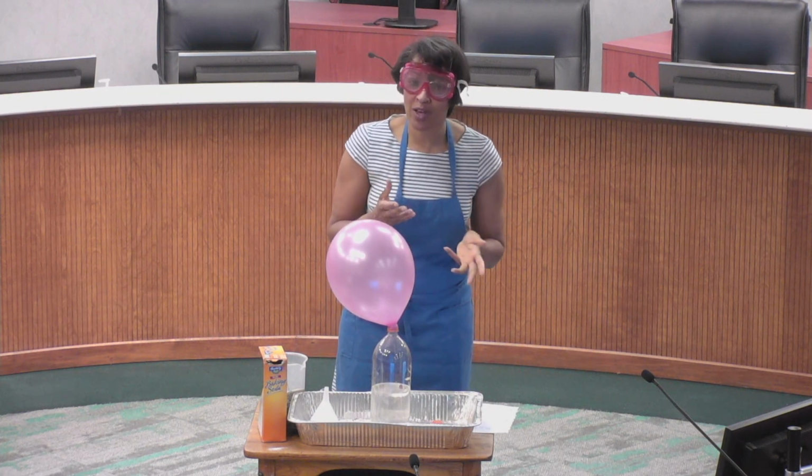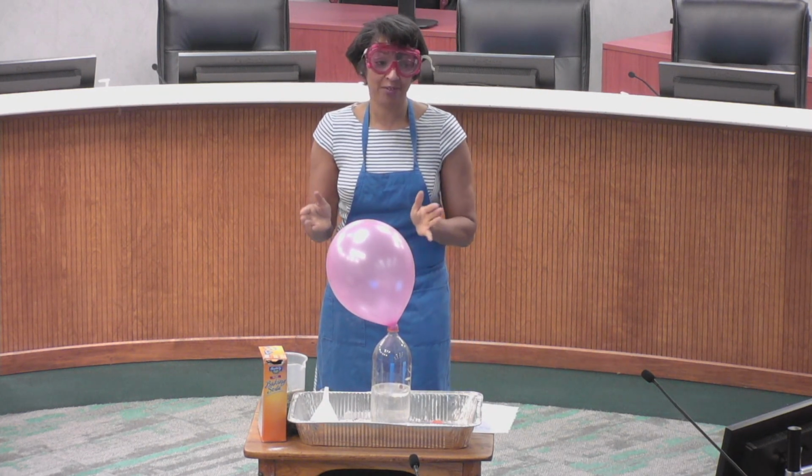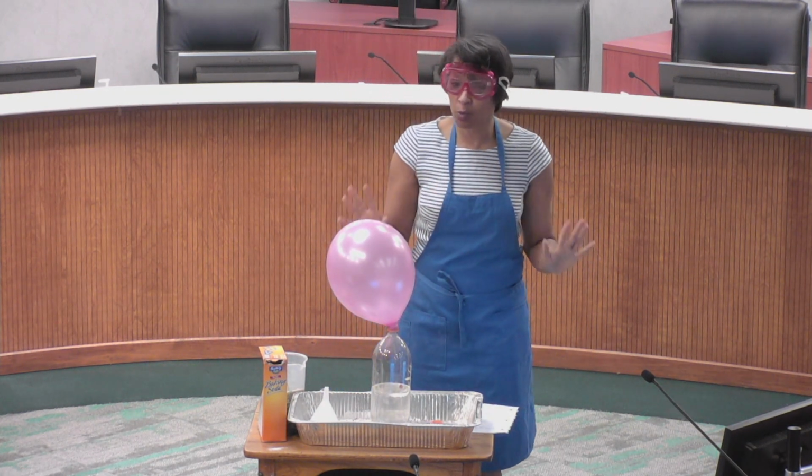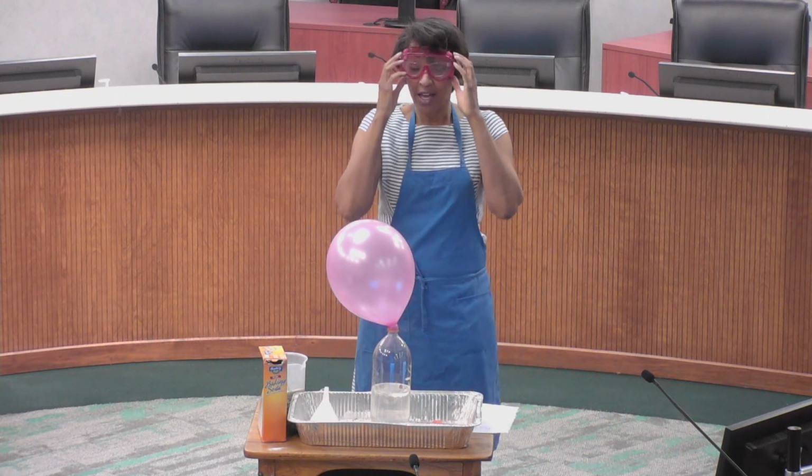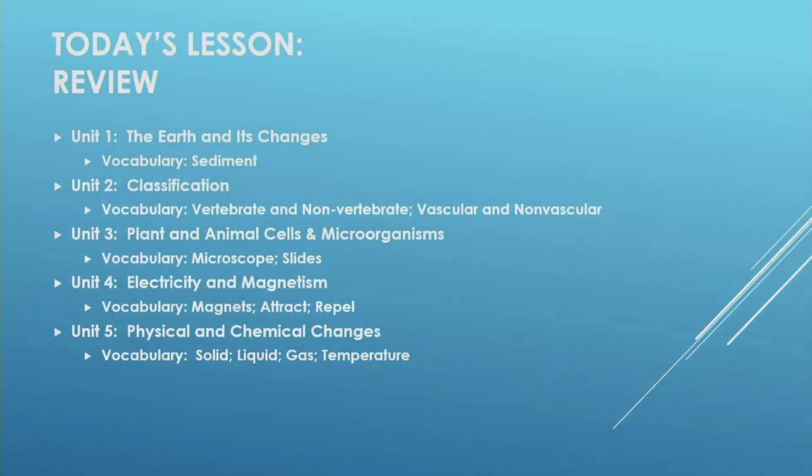So I hope you have enjoyed this time with me. I have enjoyed it with you. As a quick review, we went over Unit 1, the earth and its changes, and we dealt with sediment. Unit 2 was classification. How do we classify animals? Backbone or no backbone?